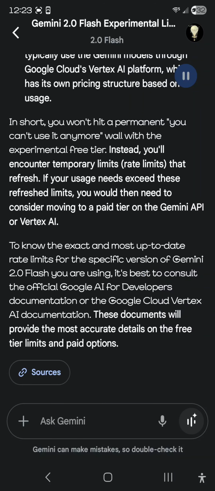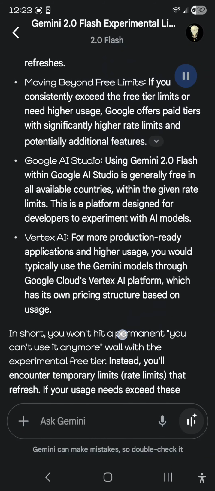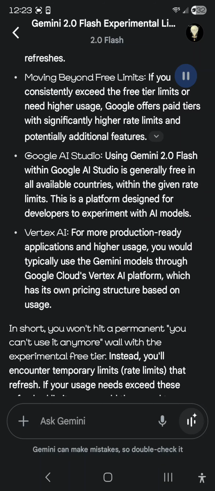Using Gemini 2.0 Flash within Google AI Studio is generally free in all available countries within the given rate limits. This is a platform designed for developers to experiment with AI models. Vertex AI. For more production-ready applications and higher usage, you would typically use the Gemini models through Google Cloud's Vertex AI platform, which has its own pricing structure based on usage.